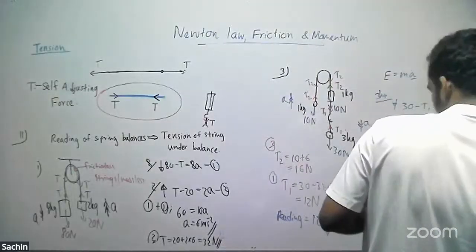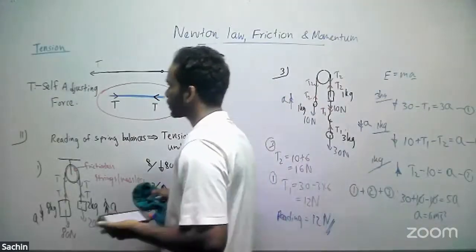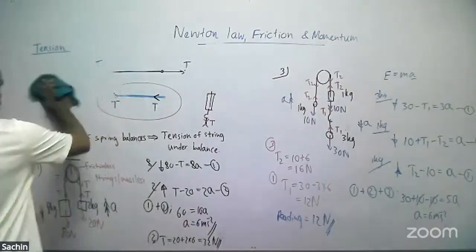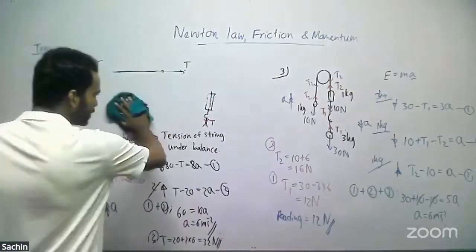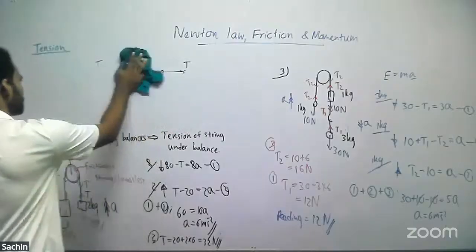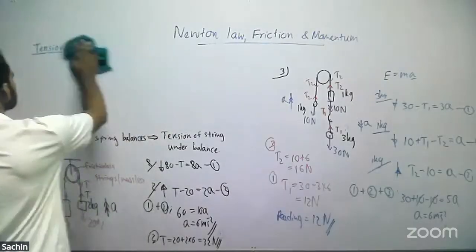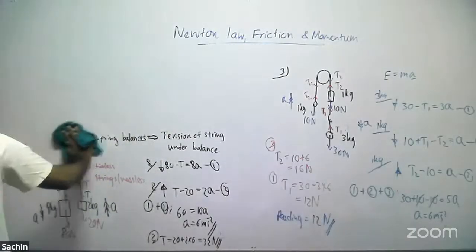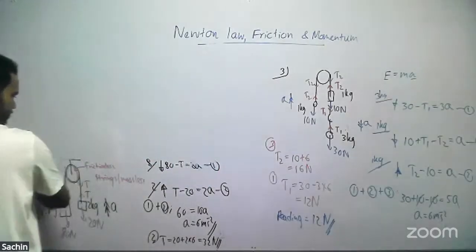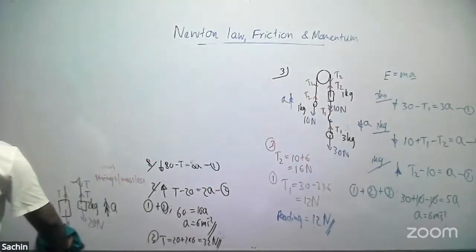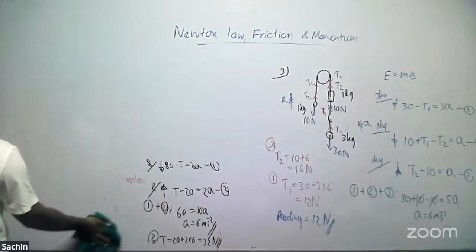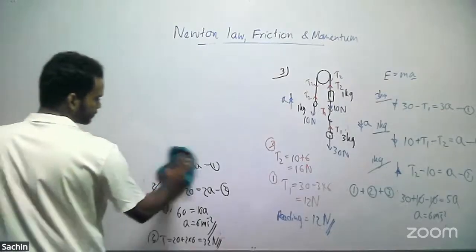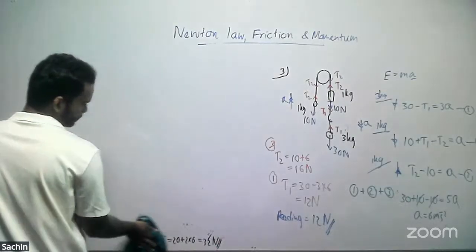So that's how you find the reading of a spring balance: just the tension of the string under the balance. Okay. So that's about question number 11. Question number 12.